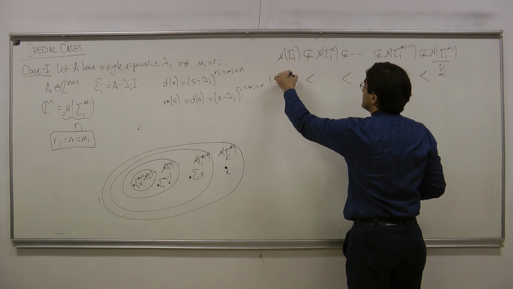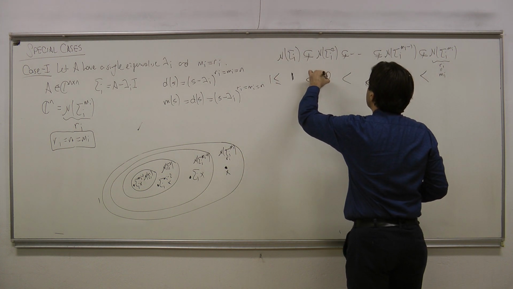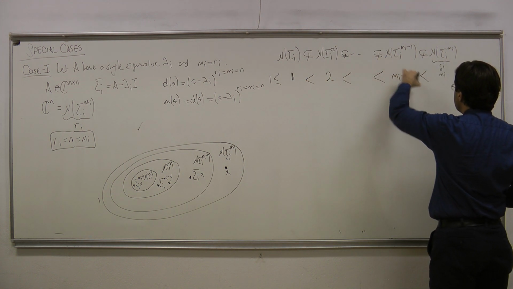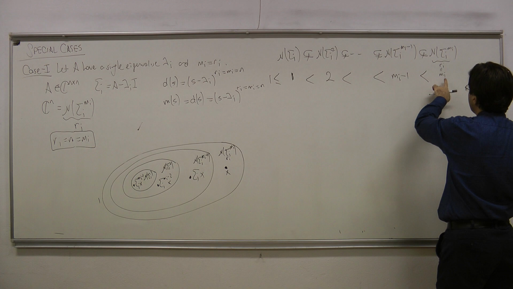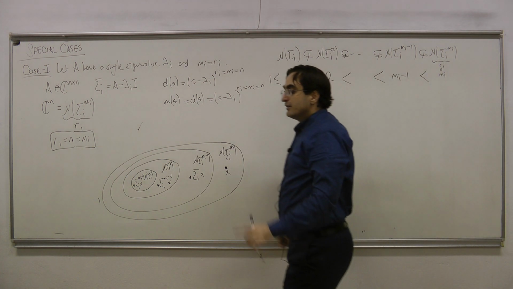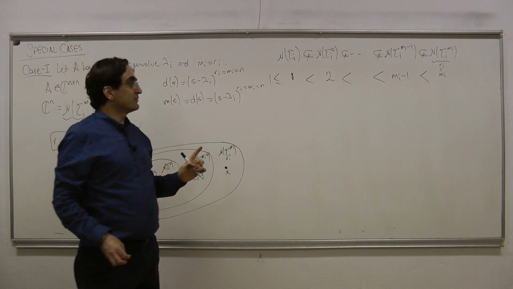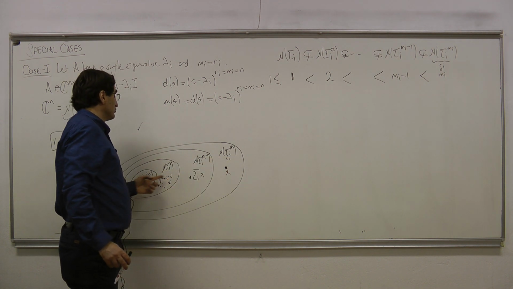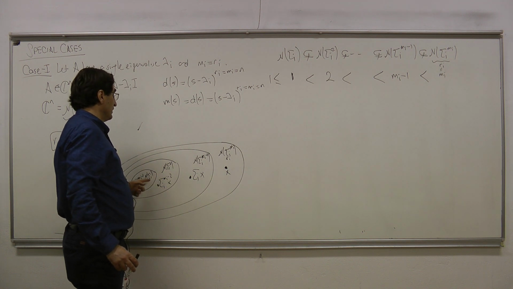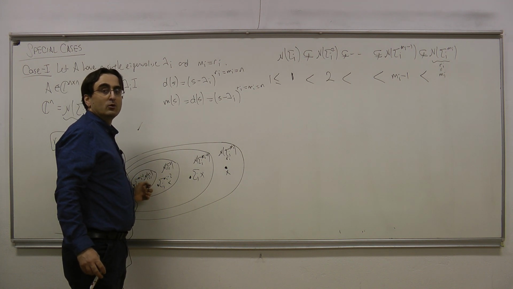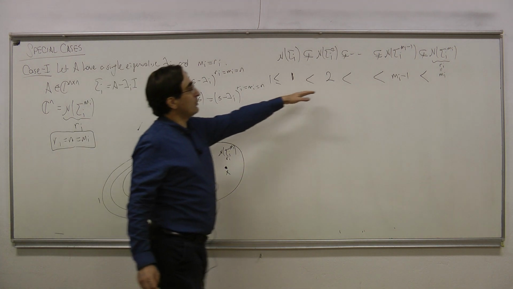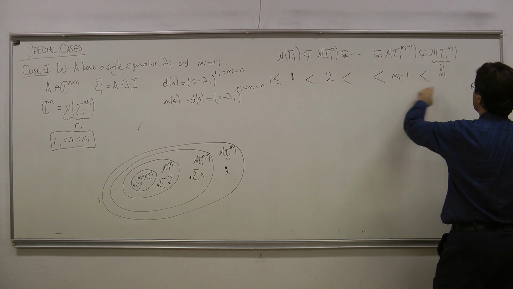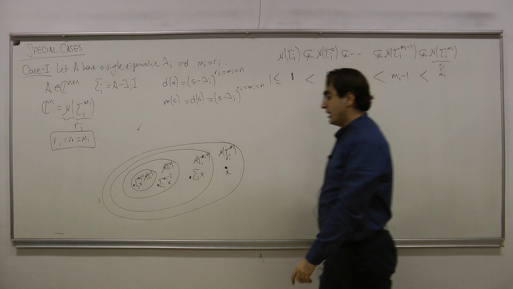The dimension of this one should be 1, this one 2, and this should continually increase. The dimension of this one should be mi minus 1, and this one is mi. This is the only possibility. So for these null spaces, the dimension of each one should be one larger than the earlier one. Otherwise, I cannot satisfy these strict inequalities, with this largest one equal to mi.